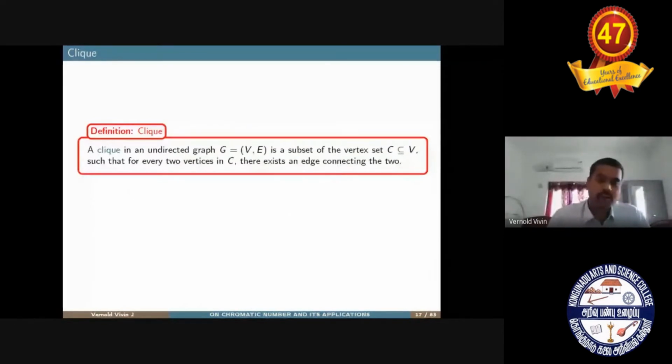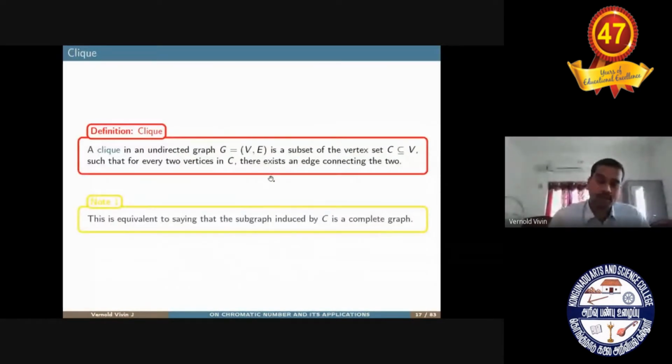So this is the formal definition. Getting into this definition, you can know what a clique is, but I will show this with an example. Note, this is equivalent to saying that the subgraph induced by C is a complete graph.